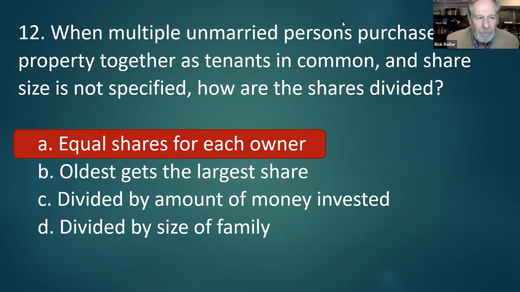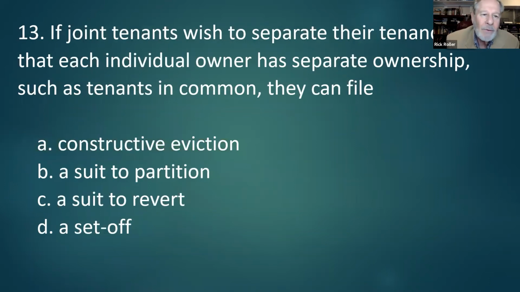Number 13. Okay, in this one, we have joint tenants who wish to separate their tenancy so that each individual owner has separate ownership. Now, you were a joint tenant. See, the thing about joint tenants is it has that right of survivorship.